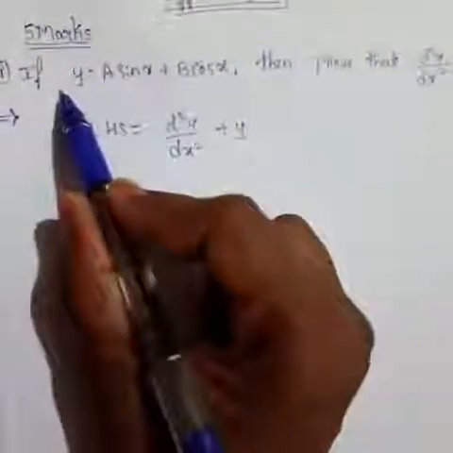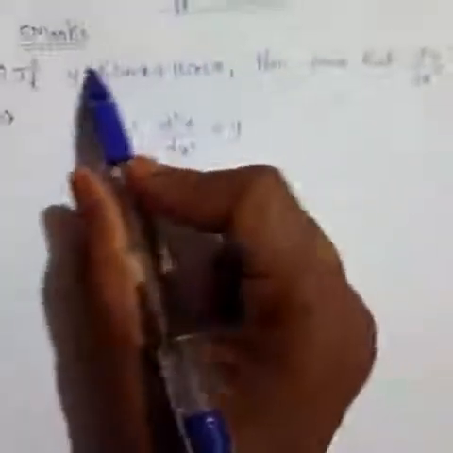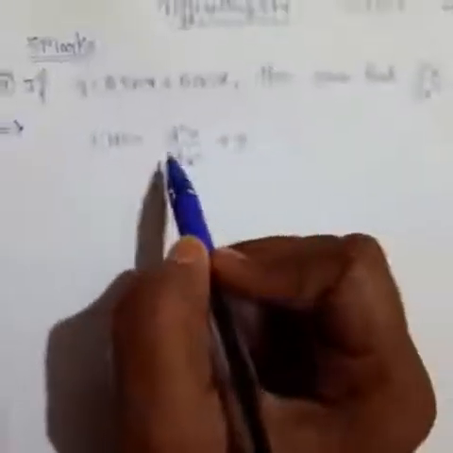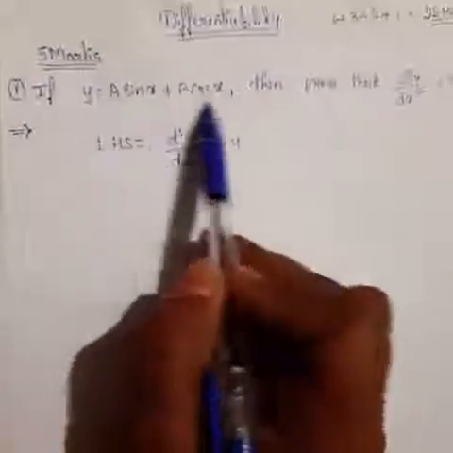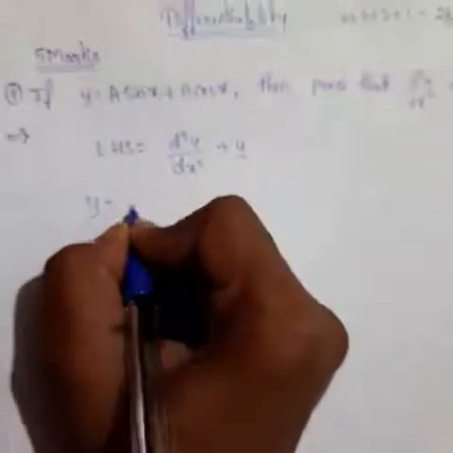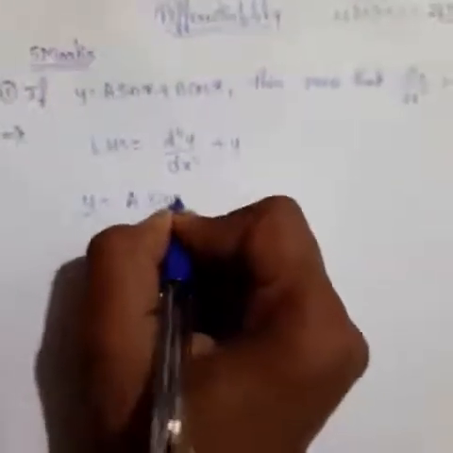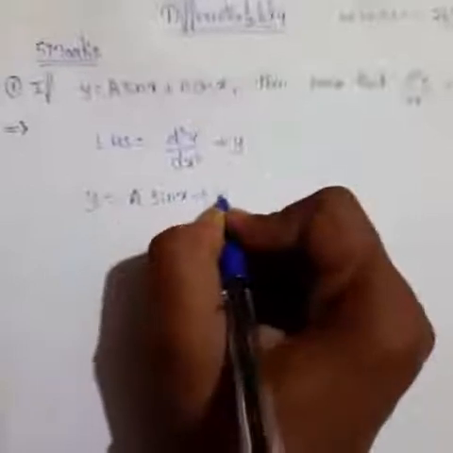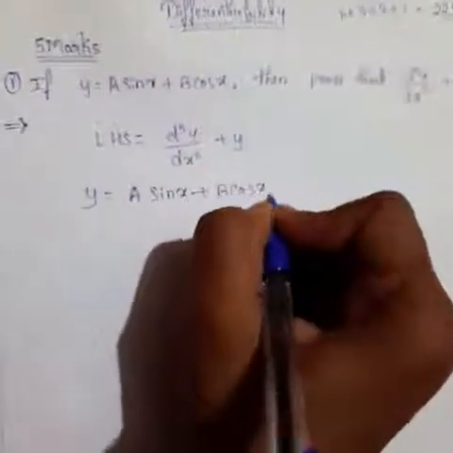See here, y we have this a sin x plus b cos x, but d square y by dx square means we have to differentiate this equation 2 times. The equation is y is equal to a sin x plus b cos x.